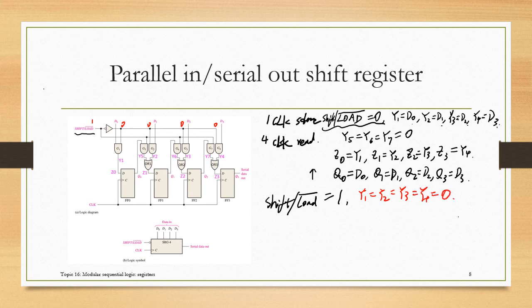Then this will be 1, this will be 1, and this will be 1. Then we know that y5 should equal q0, y6 should equal q1, and y7 should equal q2.